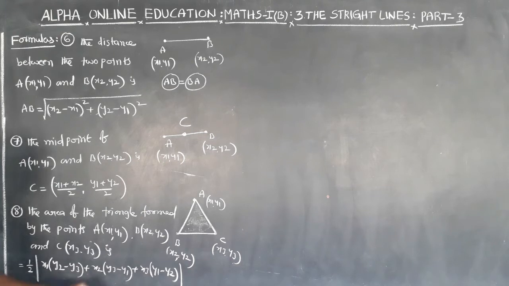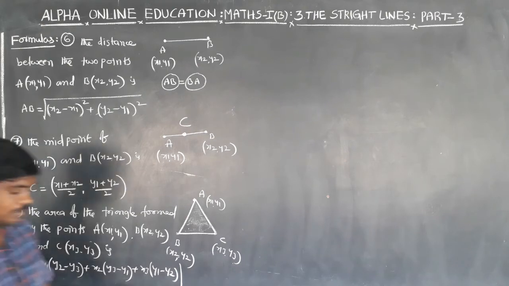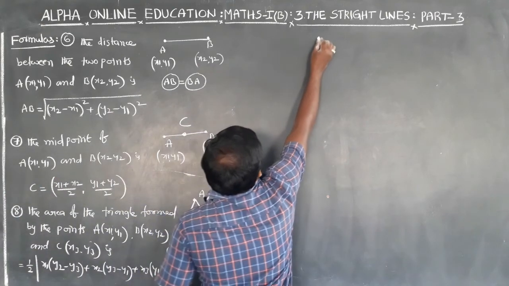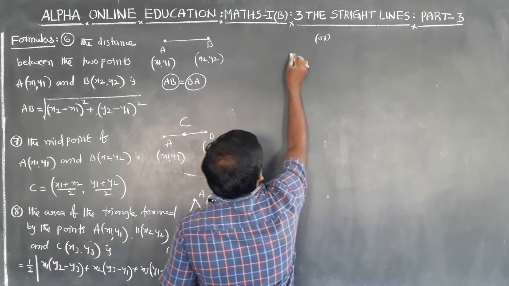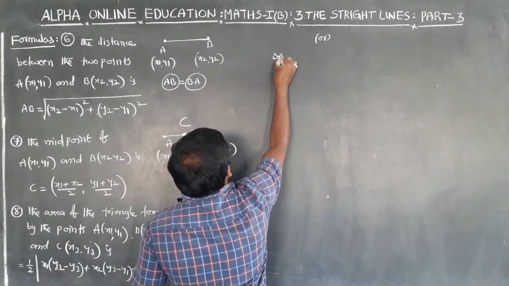This is the area of the triangle formed by the 3 points.